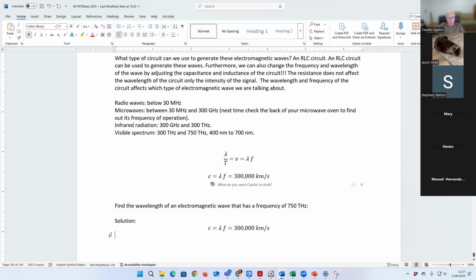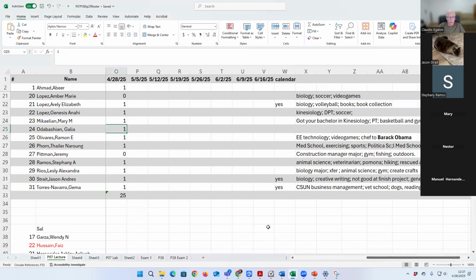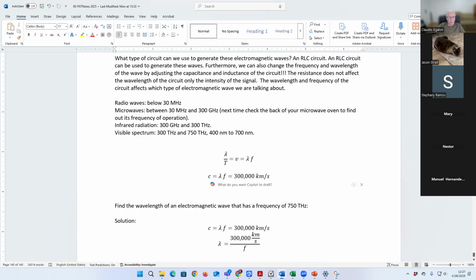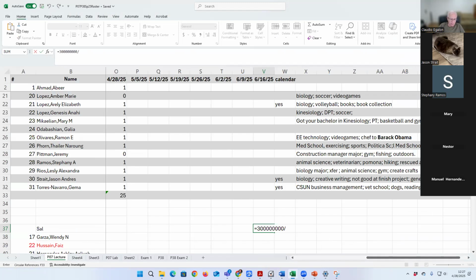Substitute the values: 300,000 kilometers per second divided by the frequency, and then just get your calculator and find that out. Let's do it. Lambda is 300,000 kilometers per second, I'm going to put 300 million meters per second, divided by the frequency, 750 terahertz.